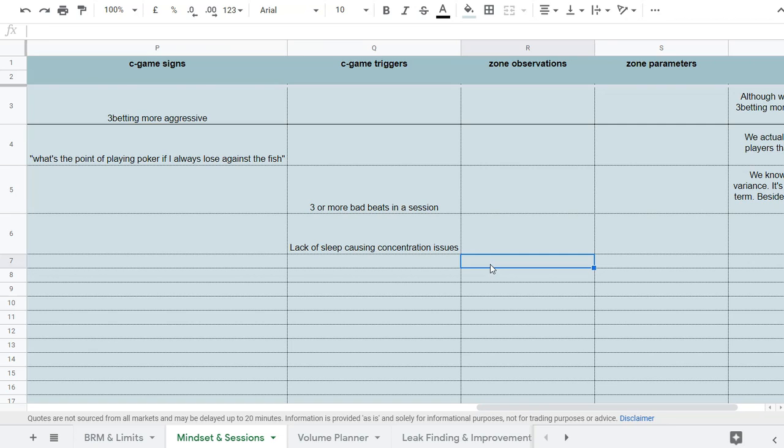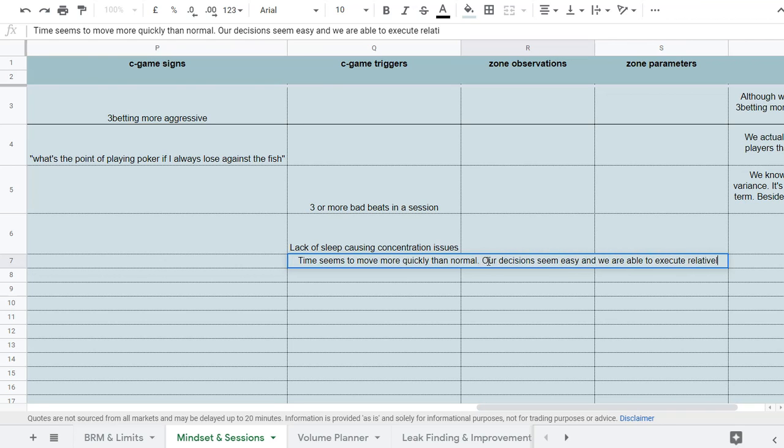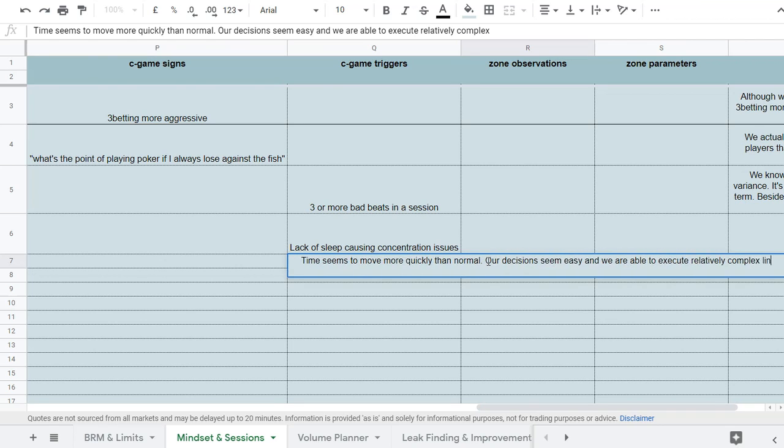How do you know that you're playing your A game? Write your observations here. So let's type time seems to move more quickly than normal. Our decisions seem easy, and we are able to execute relatively complex lines without too much difficulty.